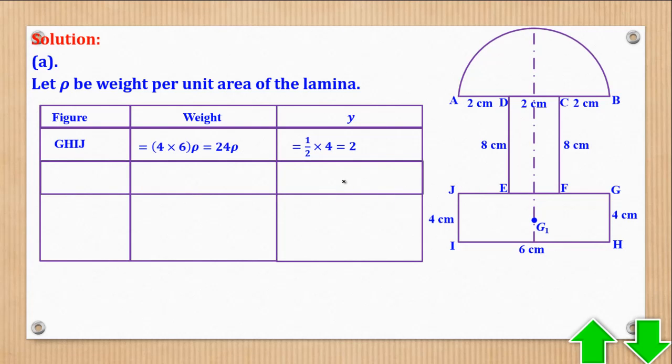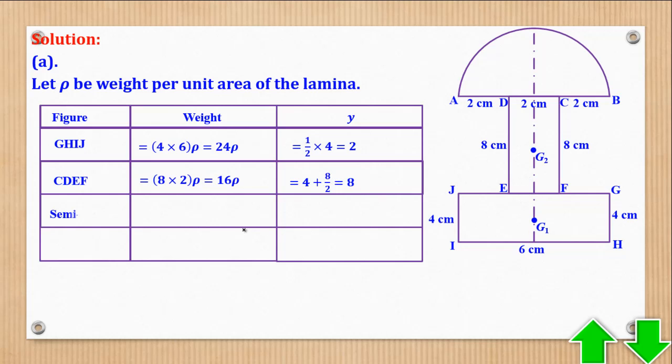Then we shall go to CDEF, which is this. Weight is area times rho. And center of gravity, we already have this 4, then plus half of 8, which gives you 8.